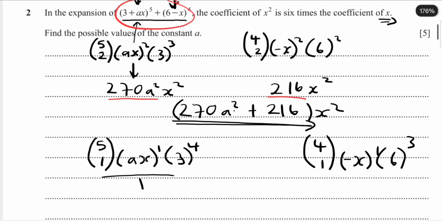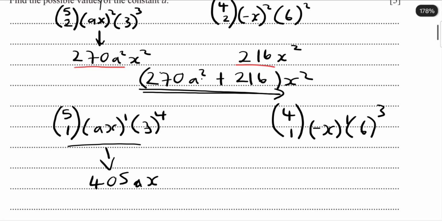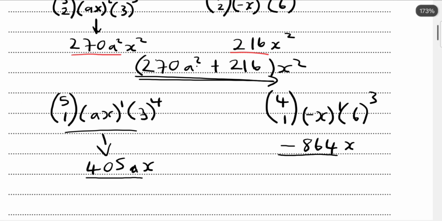For this one, we get 405ax, and for this one, we get minus 864x. So the coefficient will be minus 864, and here it will be 405a.